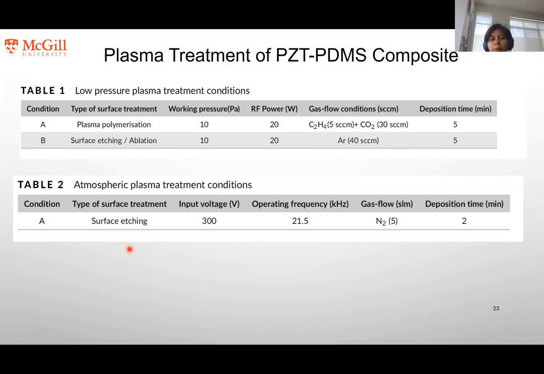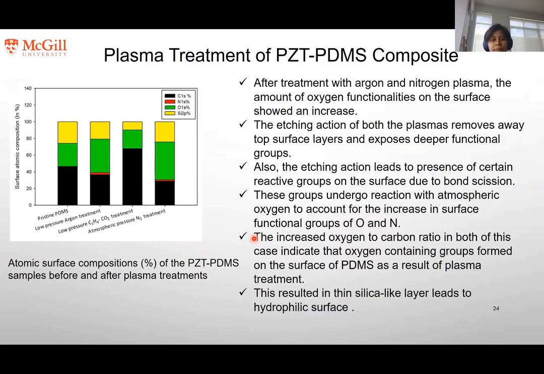For the plasma polymerization, we used this combination of these two gases. For surface etching, we used argon. Here you can see the parameters that we used. For atmospheric pressure plasma treatment, we used nitrogen gas, and you can see the parameters that we used.